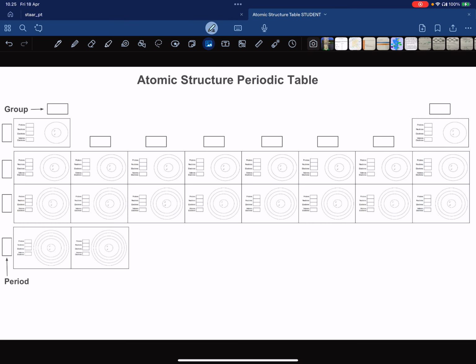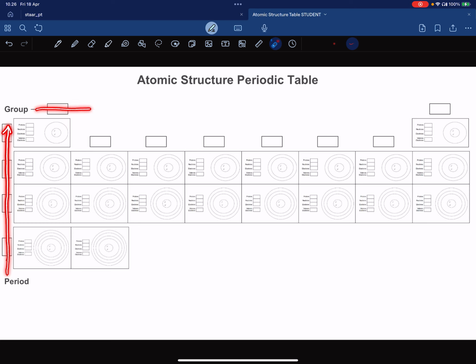So the first thing that you're going to do, now that you have already filled out the periods and the groups, is we are going to focus in on the periodic table and what that tells us about the structure of the atoms.